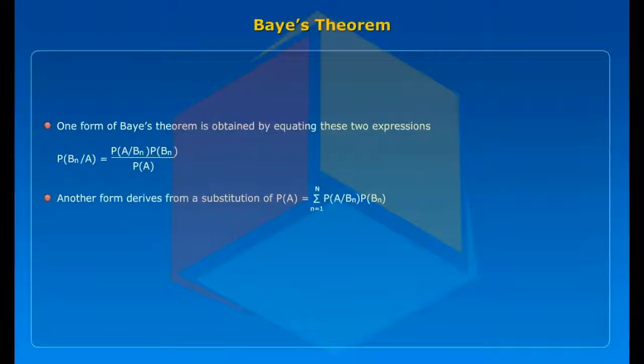Another form derives from a substitution of P(A) equal to the sum over n from 1 to N of P(A|Bn) × P(Bn). P(Bn|A) is equal to P(A|Bn) × P(Bn) divided by P(A|B1) × P(B1) plus P(A|B2) × P(B2), and so on up to P(A|BN) × P(BN), where n is equal to 1, 2, and so on up to N.